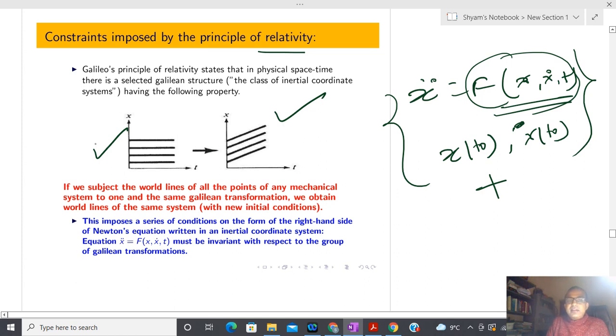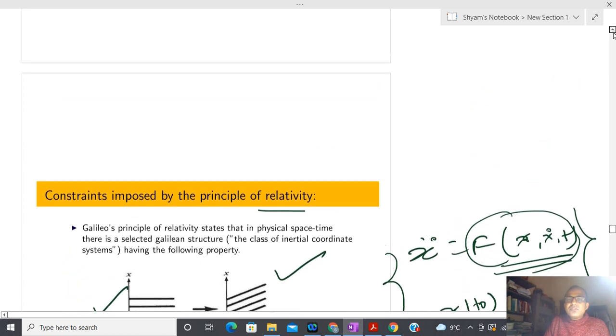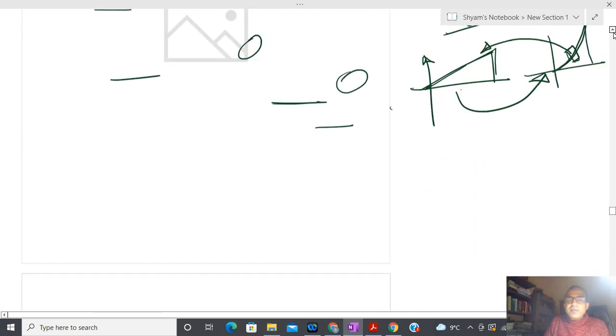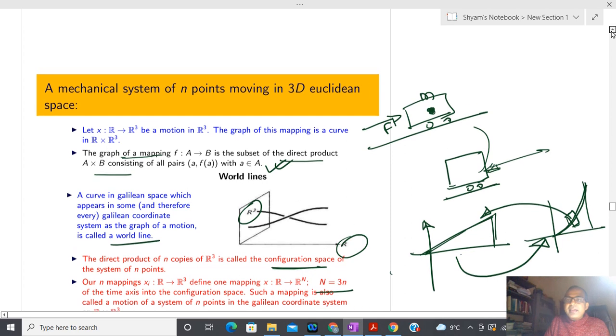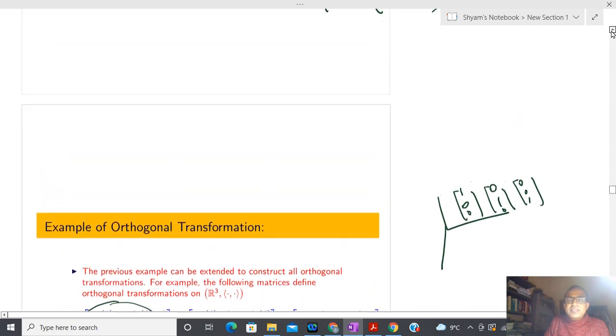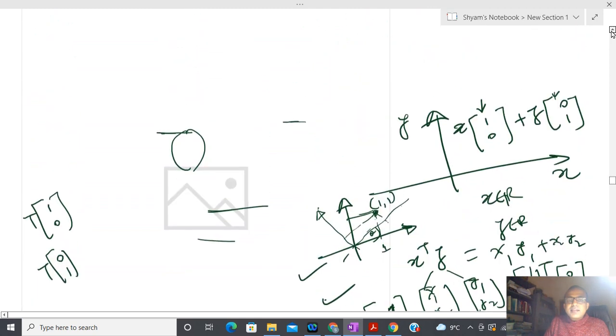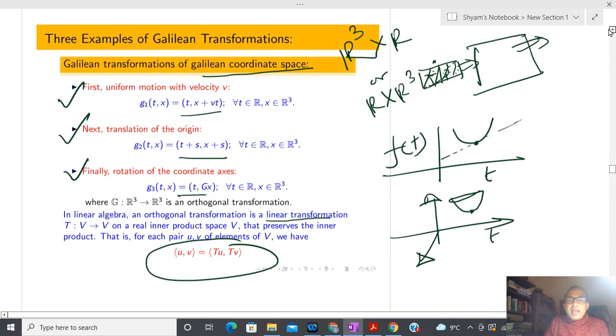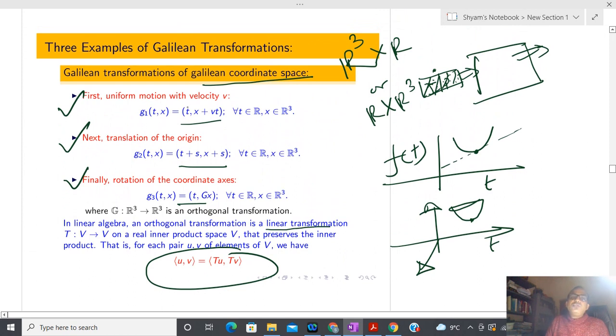So what we have done, I have this kind of line, so I have applied the transformation. Since whenever I have defined the Galilean transformation, you can see again, come back here, that we have talked about three kinds of things. That is translation, and after that I have talked about the rotation, and after that I have talked about the uniform velocity.